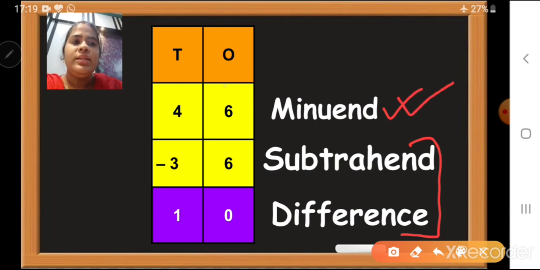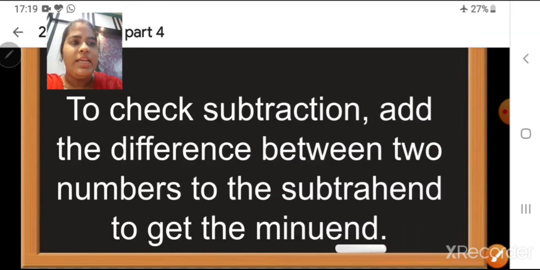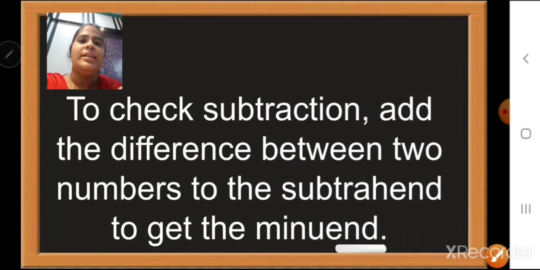If we get the minuend, that means our subtraction is correct. So in short, to check a subtraction, we have to add the difference to the subtrahend to get the minuend. And if we get the minuend, that means our subtraction is correct.